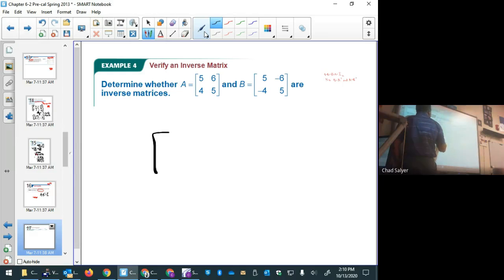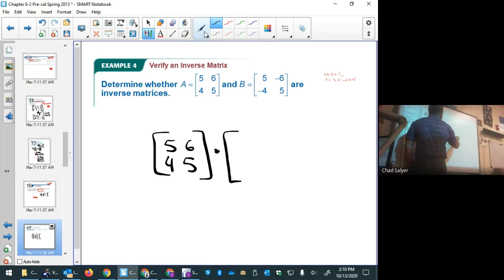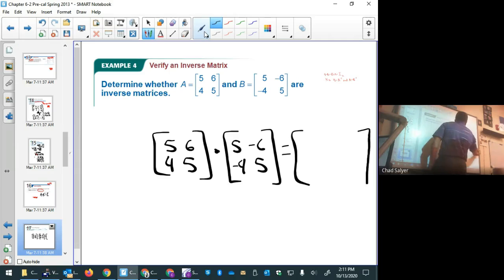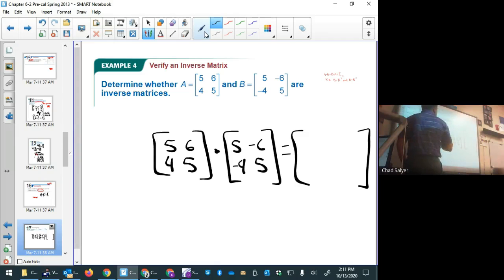Multiply them together, and I could probably do this by hand just about as quick as I could do it in the calculator. So this is the case where not a whole lot of time is saved. So I have 5 times 5 is 25, 6 times negative 4 is negative 24. 25 plus a negative 24 is 1. The first row, second column, 5 times negative 6 is negative 30. 6 times 5 is 30.